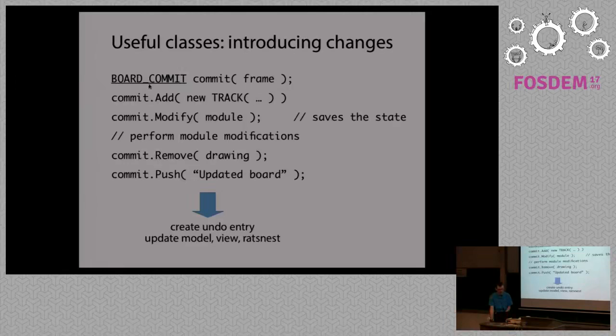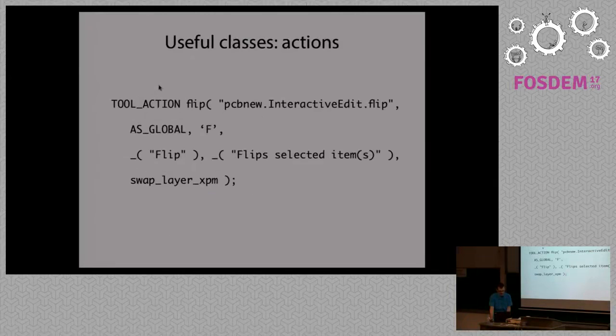And if you are familiar with Git, probably it looks quite clear. You create a commit, then you decide what kind of changes you want to introduce, either creating new items or removing them. For modification, you need to first save the state, because if you first modify the item and then you save the state, then well, it's already too late for storing changes. And then once it's pushed, commit takes care of updating all the interested parties. So that's it about notifying other subsystems.